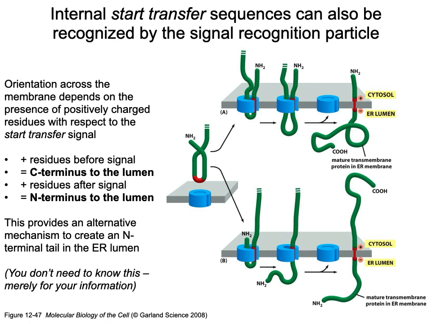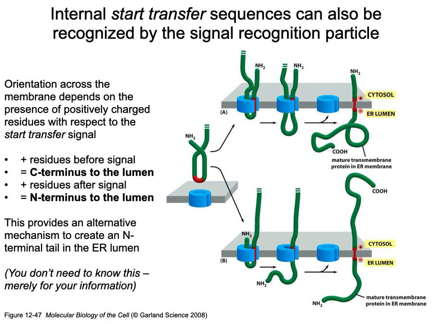Now, if we have our start transfer sequence internalized, this would give us a different outcome than if it's at the beginning. So the location of these starts and stops affects where the protein would then be located. If the start transfer is at the beginning, like we previously saw, we would have it move into the lumen.